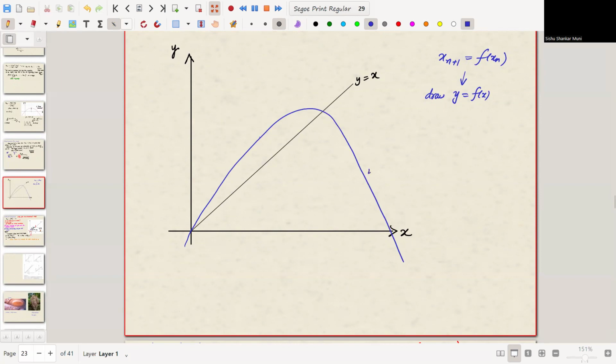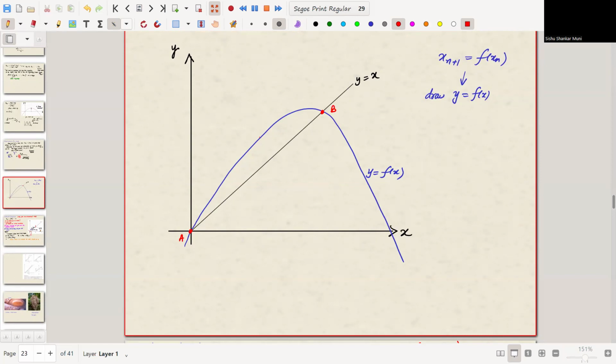Now, what are the fixed points of this map graphically? Where is B? The top point, yes. So this is A, this is B.